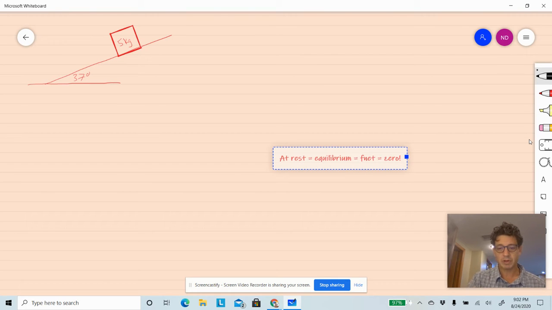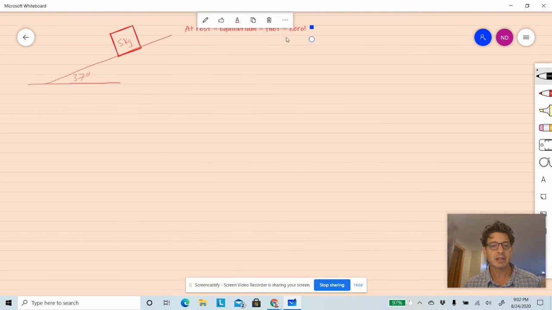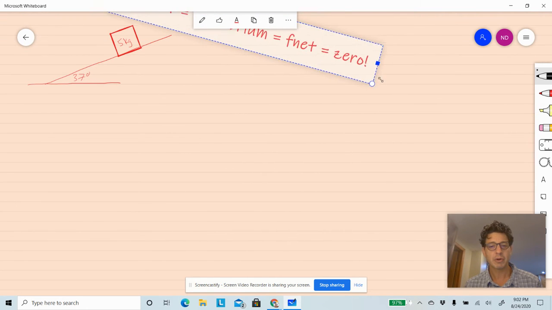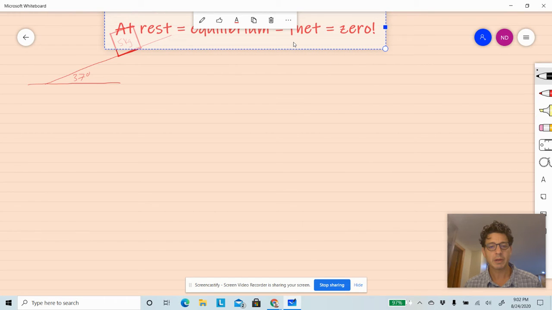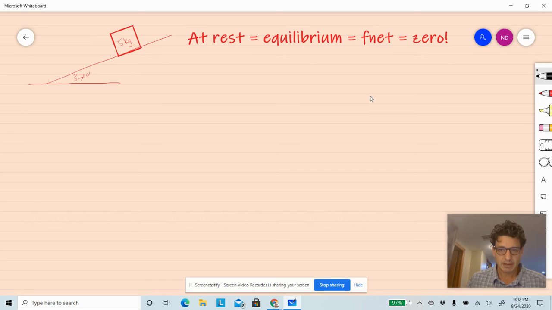All the forces everywhere balance. That is way important. All right. Sum of the forces is 0. But let's start by drawing our forces.